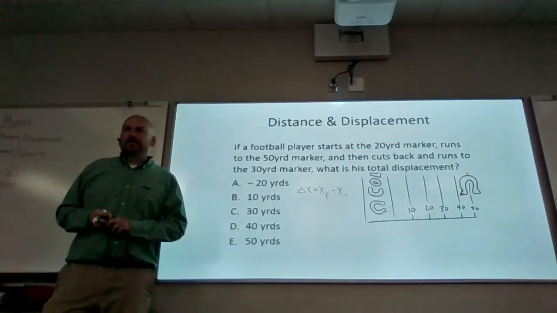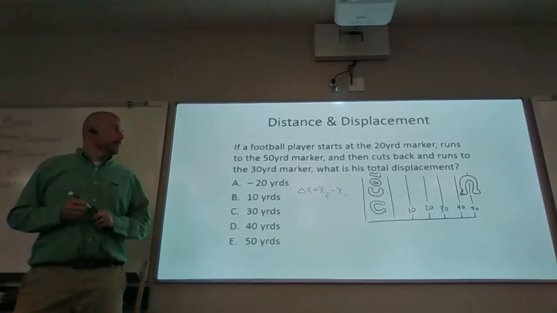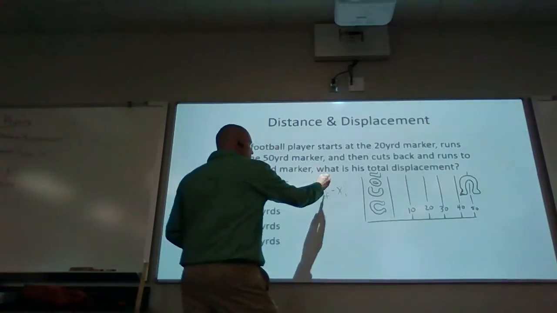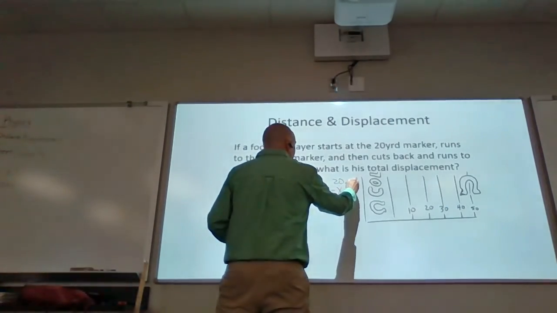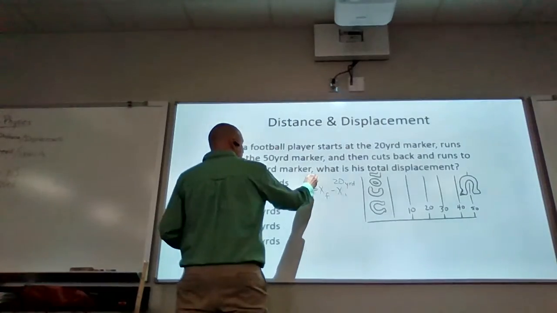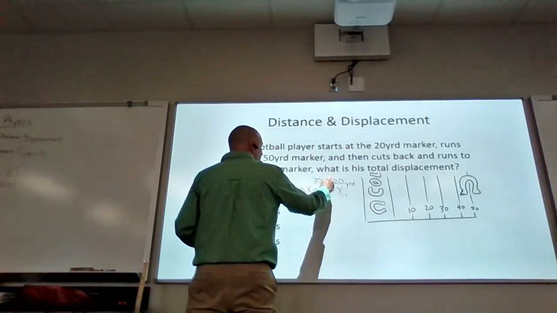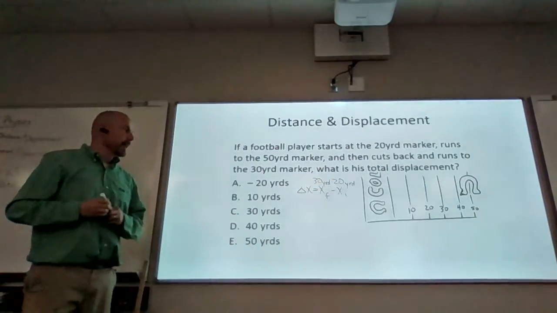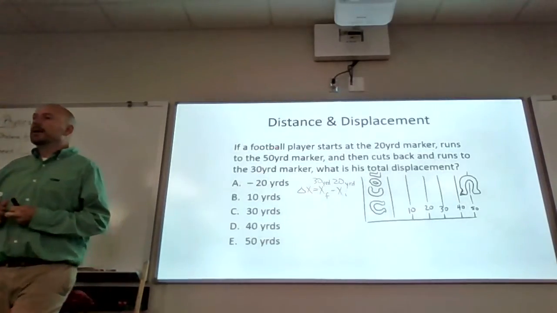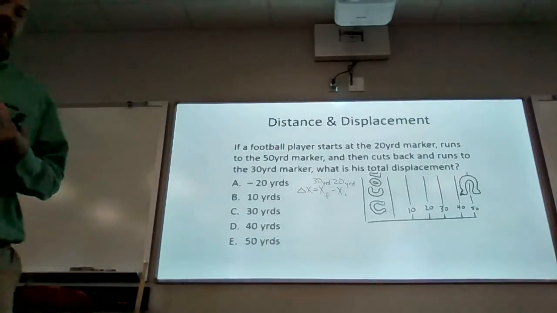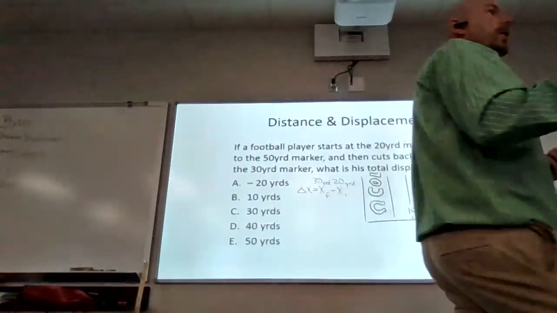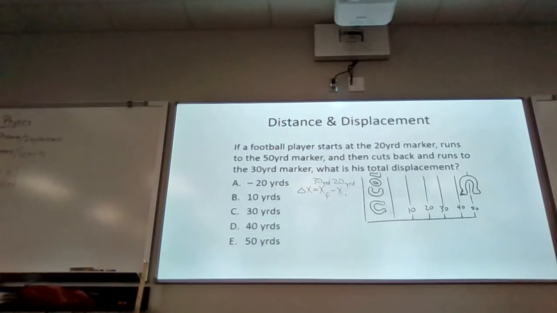What's our initial position? 20. What's our final position? What's our displacement? 10. So displacement looks at how far you got away from your starting position. The path taken doesn't matter. Does that make sense?